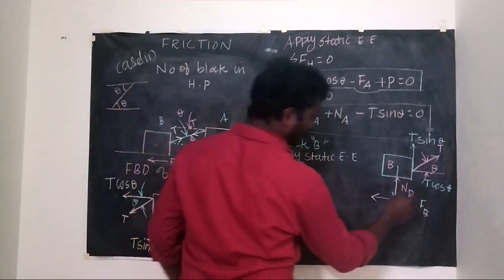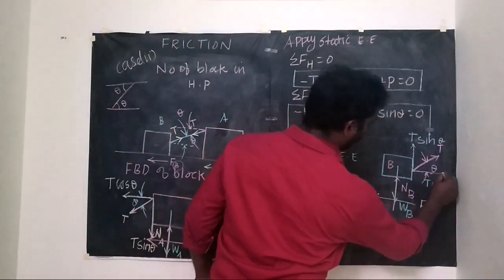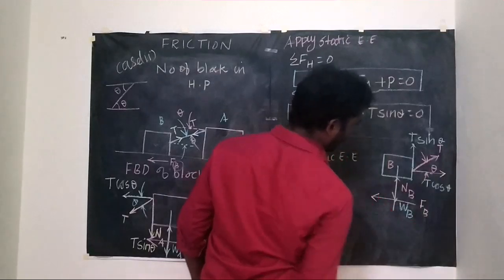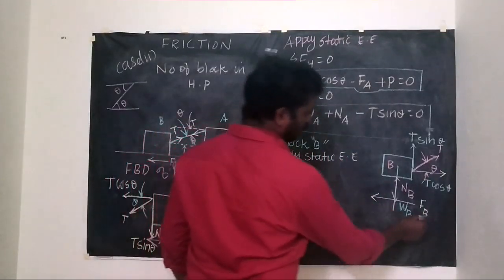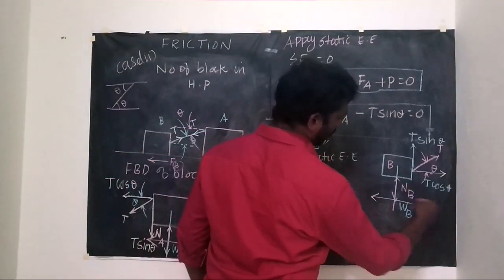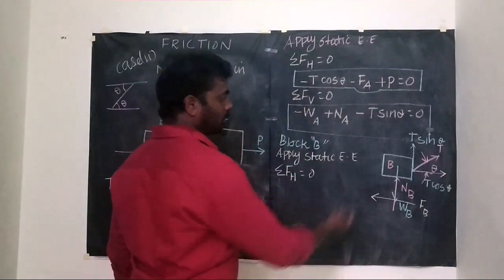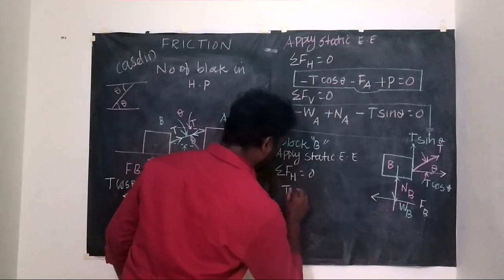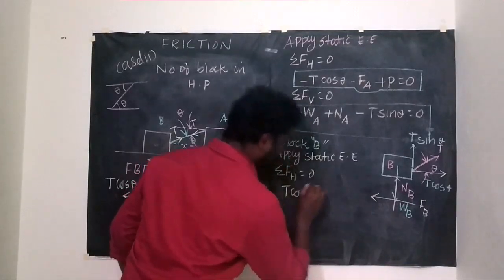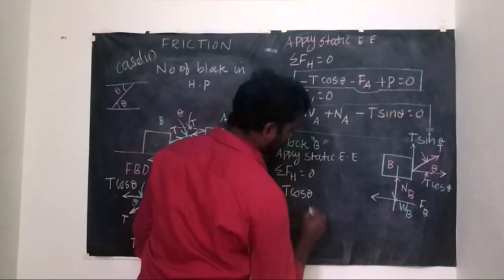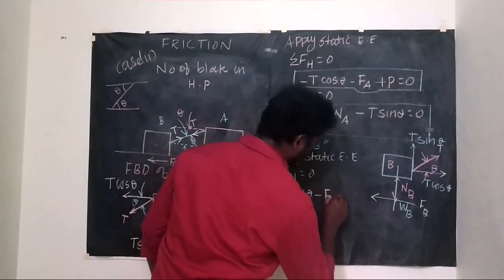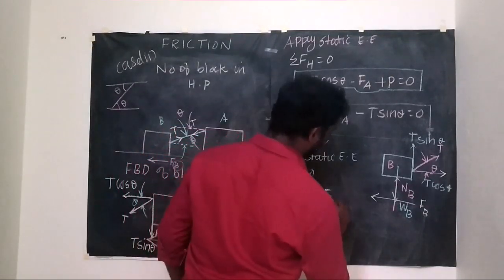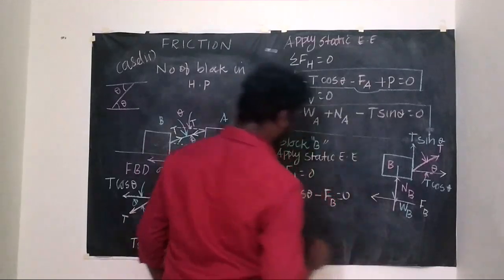So this force is acting towards right, assumed positive. Then the limiting friction force is acting opposite to the block movement, that comes in negative. So T cos theta comes in positive. This limiting friction force F B acting towards left is assumed negative, equal to 0.